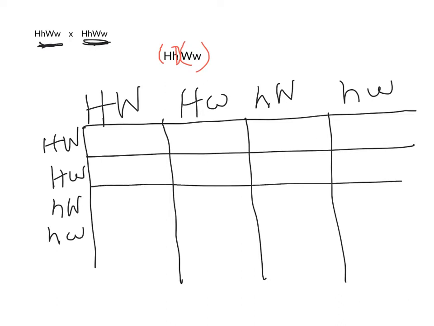Now notice this is a huge Punnett square. It's a 4x4 Punnett square now. The reason why monohybrids are 2x2 Punnett squares is because you have only two possible gametes for each parent. Now we have 4 gametes. And when you fill this out, you're just putting it back together. Put the H's back together, put the W's back together.